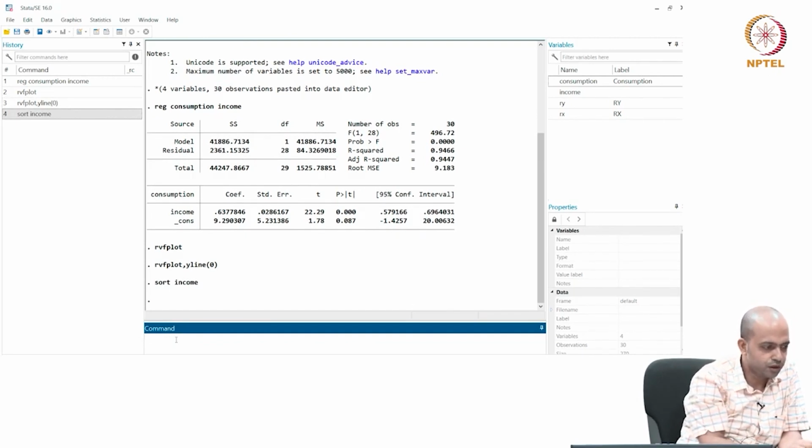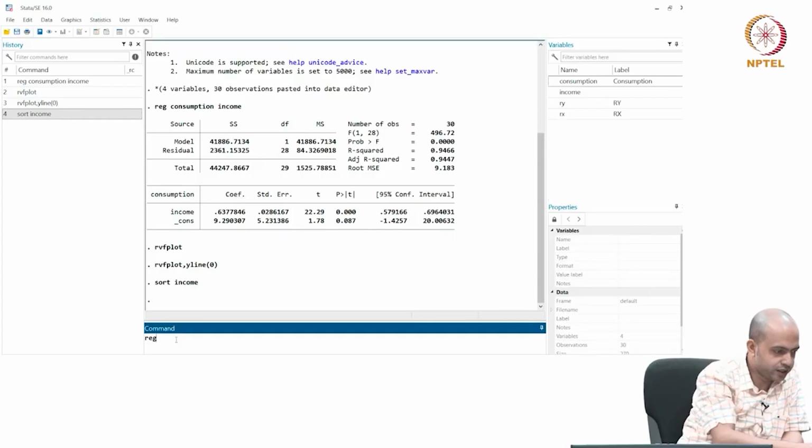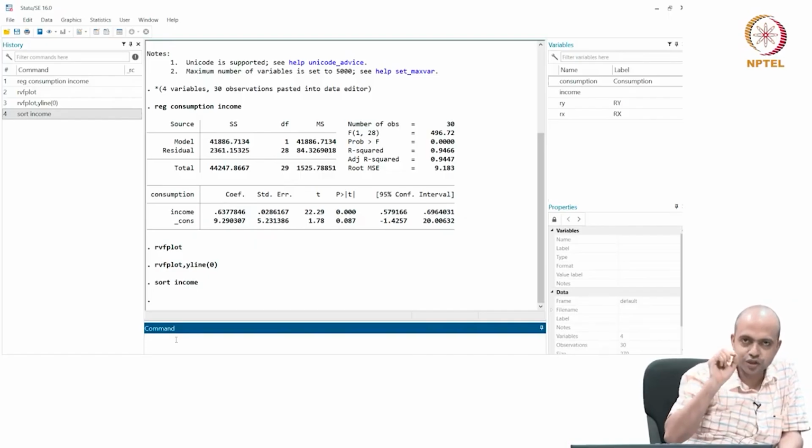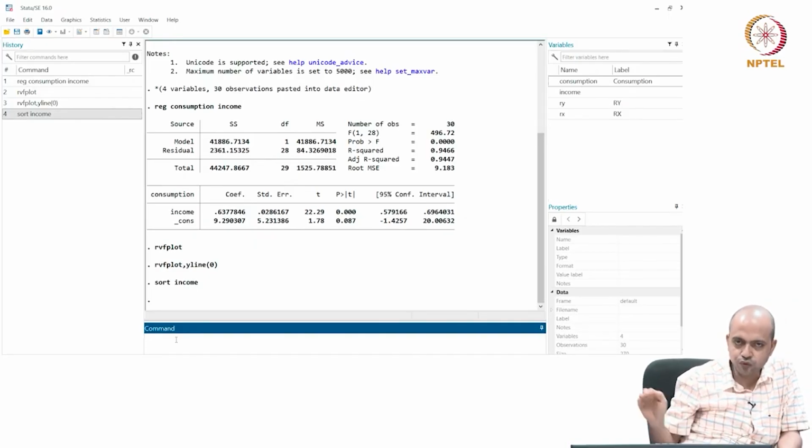So, I will first sort income, and then I will run a regression. The total number of observations is 30, and I remove the 4 central observations, so the first sample consists of 13 observations and the second sample consists of 13 observations.